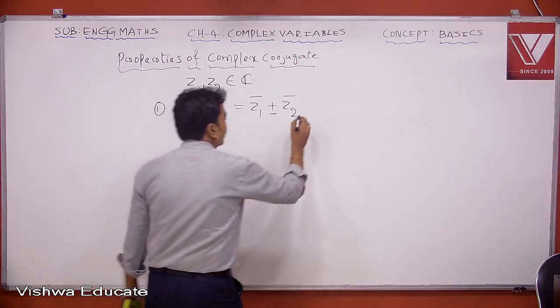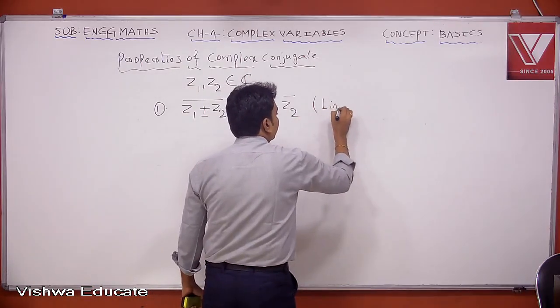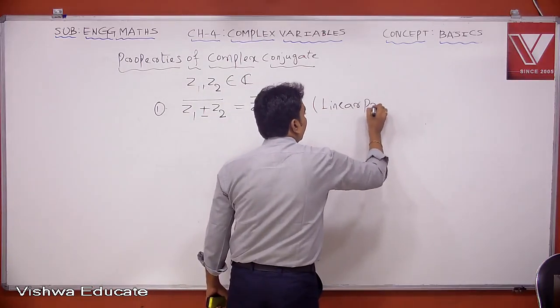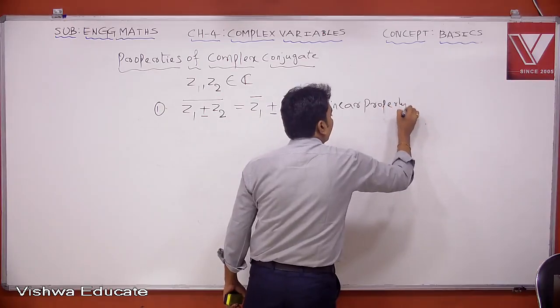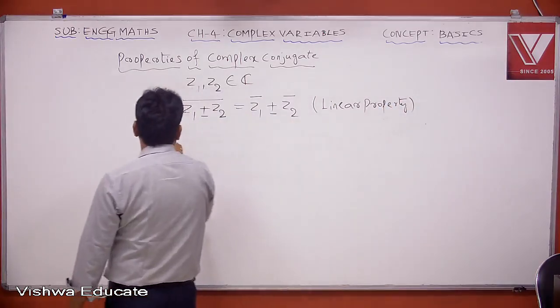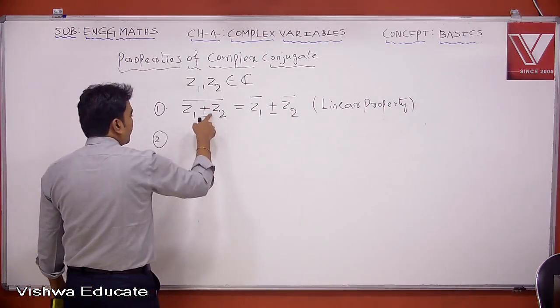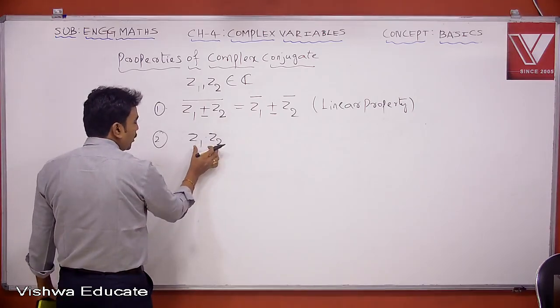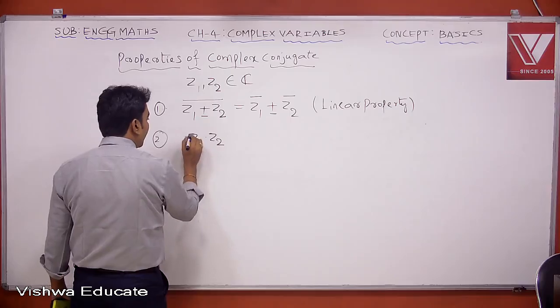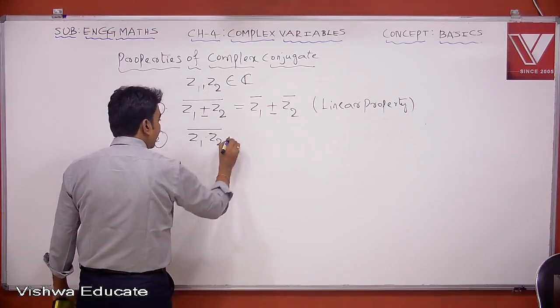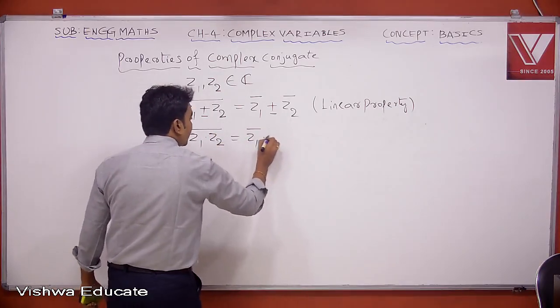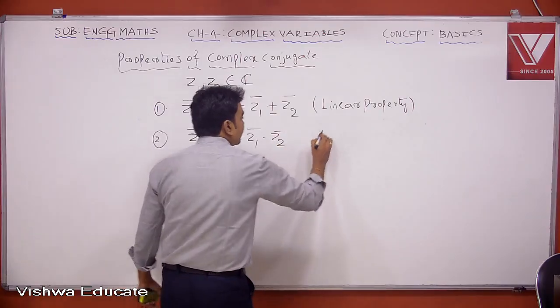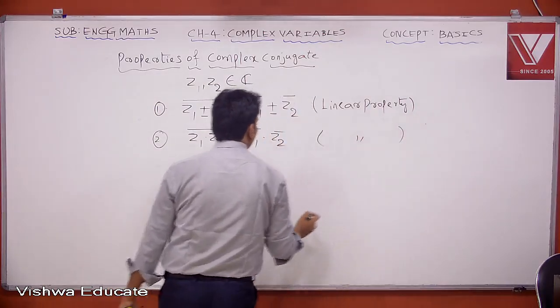Therefore, this is called the linear property. Now replace plus or minus by dot. z1 into z2: multiply two complex numbers, I will get a new complex number. Apply conjugate for this, you will get z1 bar times z2 bar. This is also called a linear property.